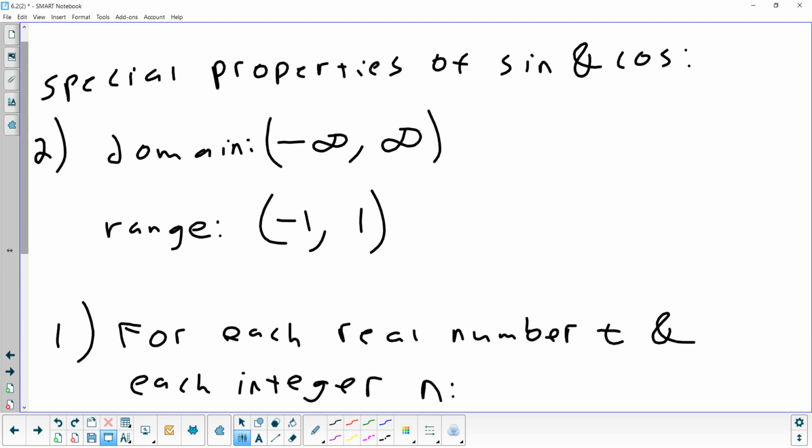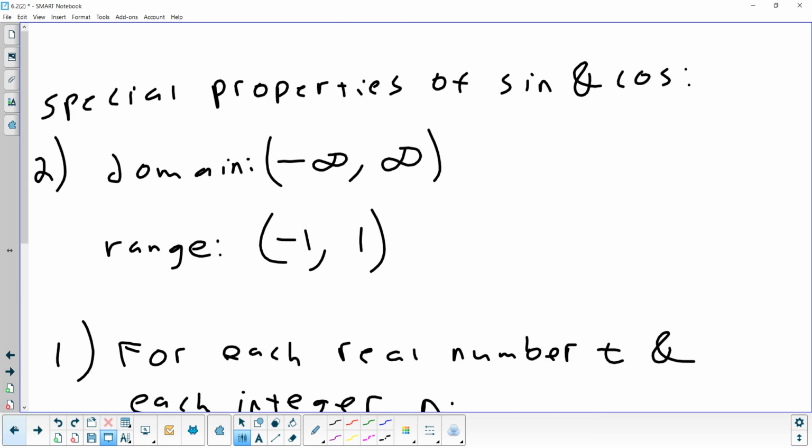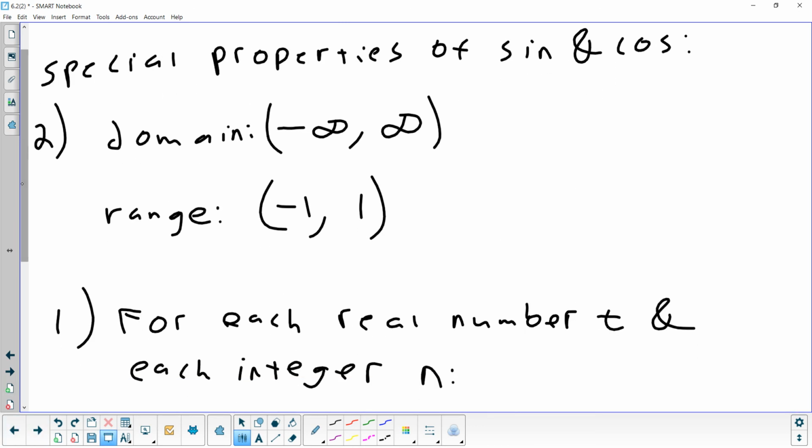And the other special property for sine and cosine is that you can plug in anything you want into them. Positives, negatives, fractions, decimals, 0. But the answer that you get will always be between these two numbers. And I don't know if you noticed that when we did sine of 42. We got decimals for an answer, but it was always between -1 and 1.